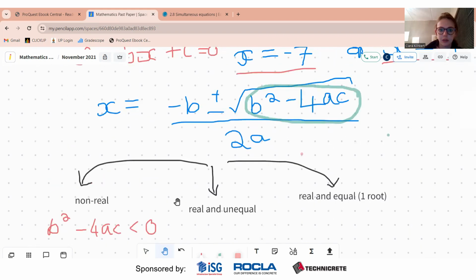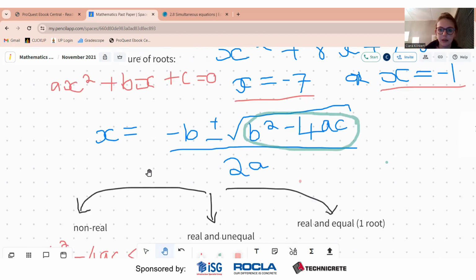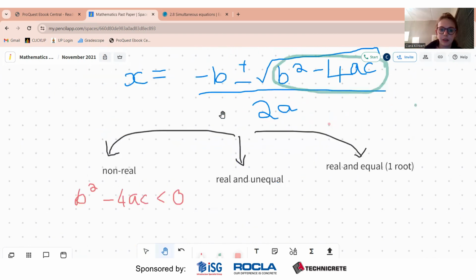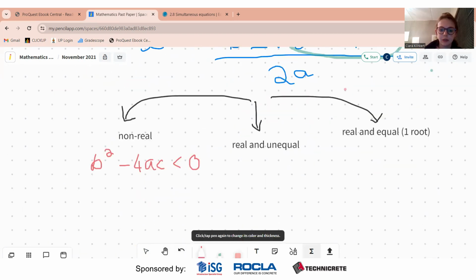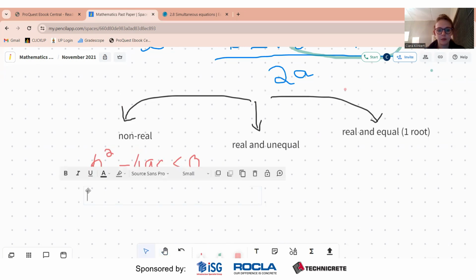So that will give us non-real roots, and you can even write this here, because you will take the square root of a negative.